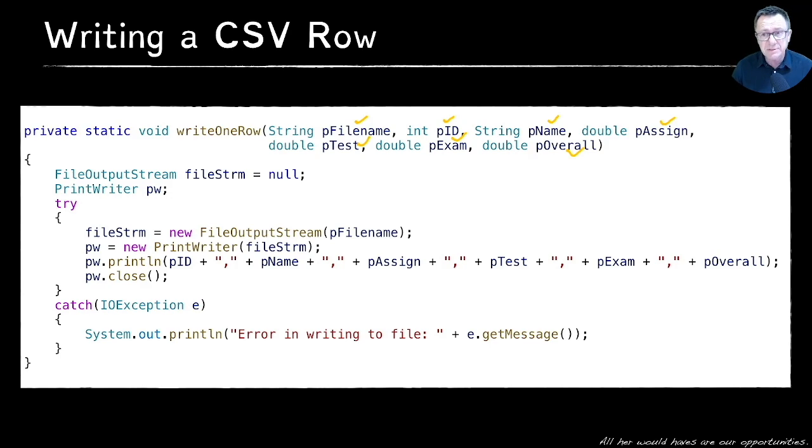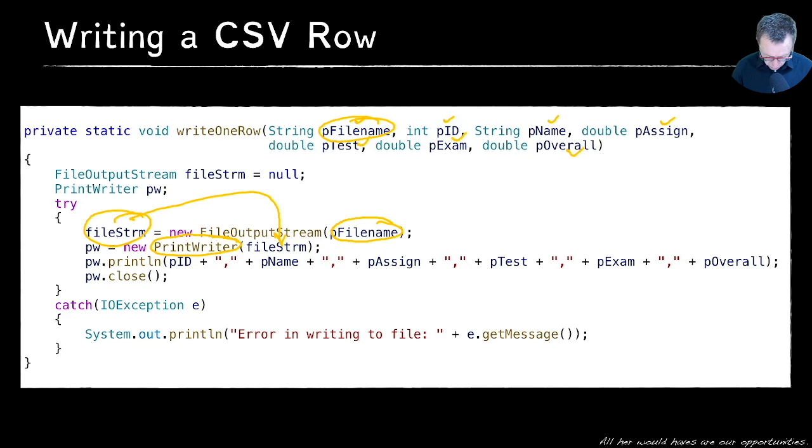We create ourselves a print writer object that I've called PW, and now we're in a try. And we go file stream is assigned a new file output stream, and we give it the file name that was passed in, okay? And now we say our print writer is a new print writer, and we give it our file output stream object, all right?